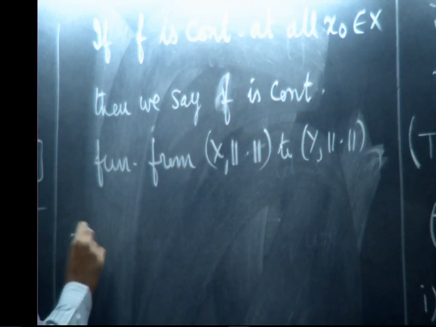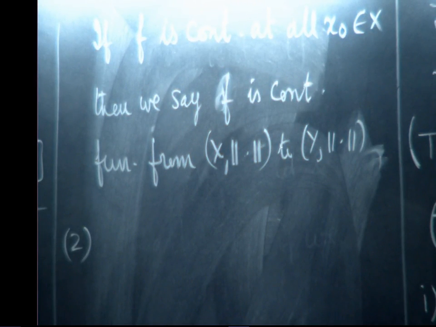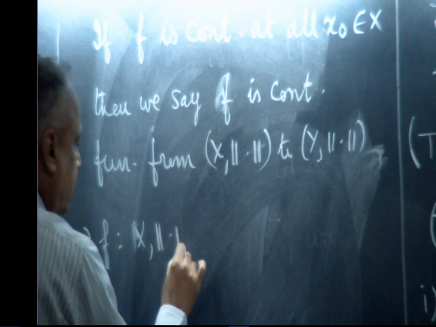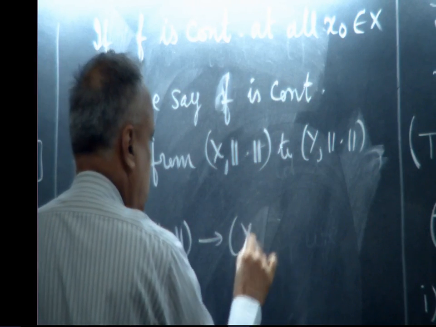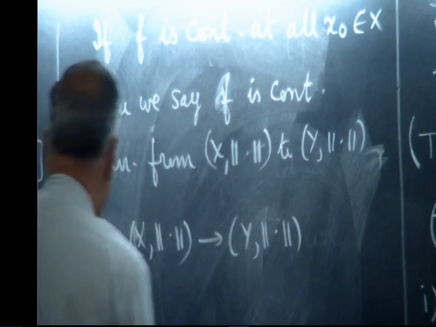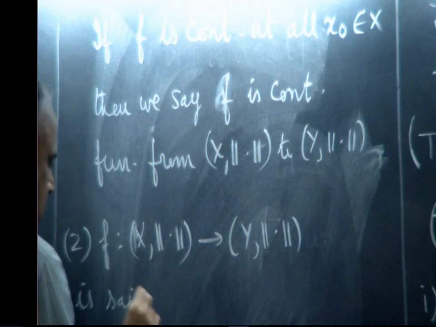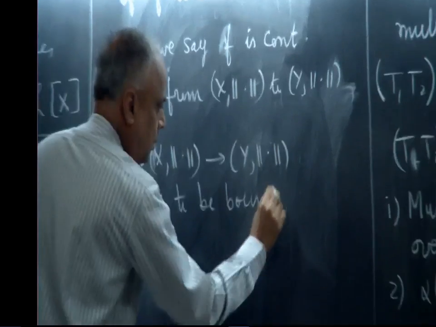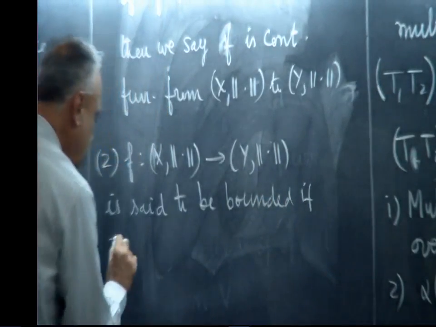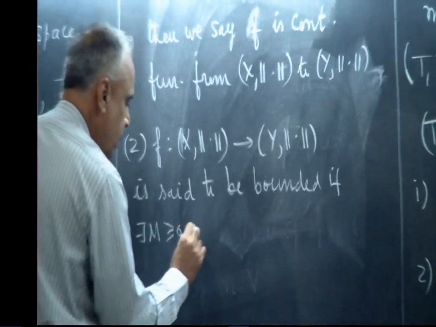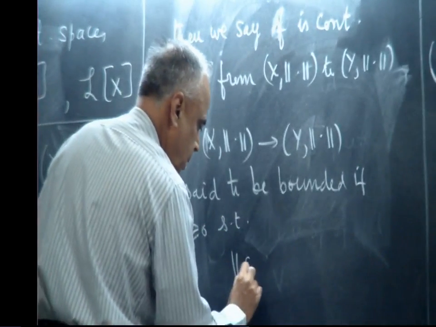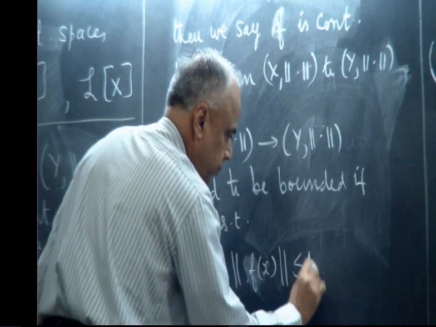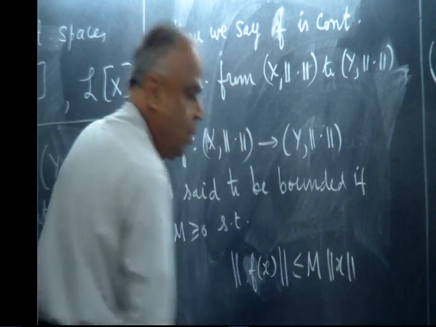Then we introduce the other notion, boundedness. f mapping X to Y is said to be bounded if there exists a constant M such that the transformed norm is under control compared to the original norm.